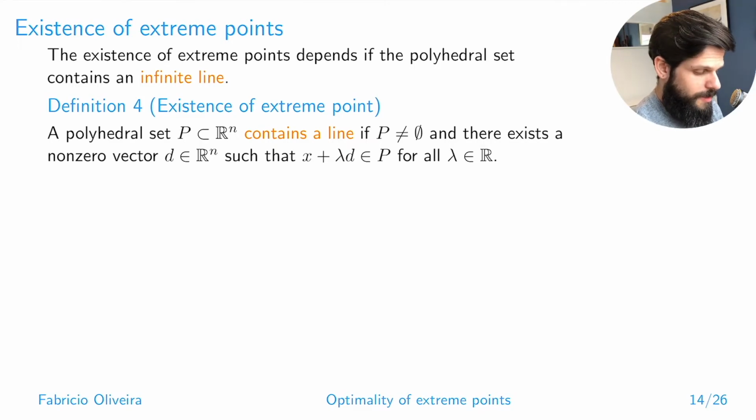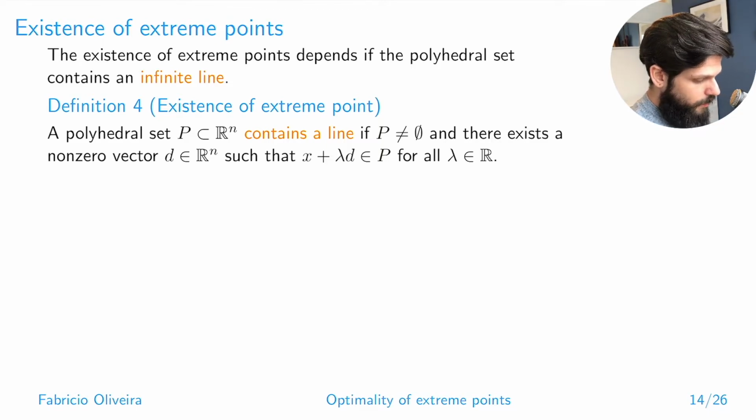One way of looking into it is this notion of containing an infinite line. An infinite line is an unbounded one-dimensional set, basically, in Rn.